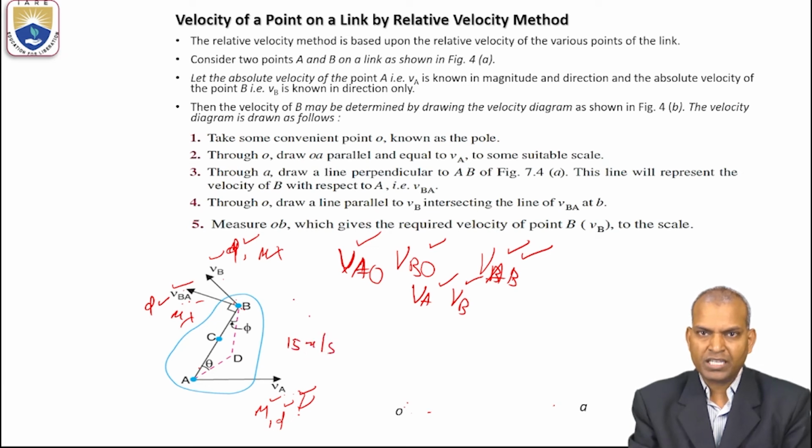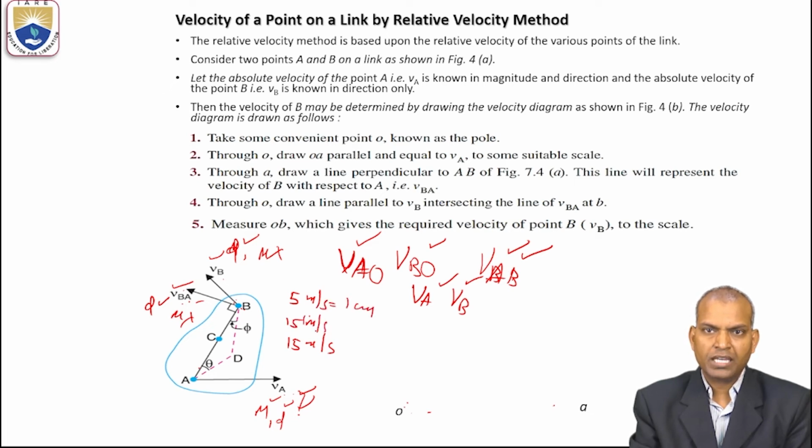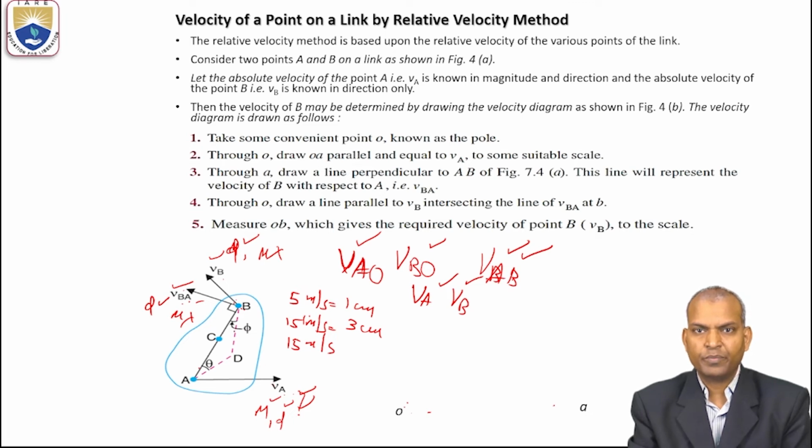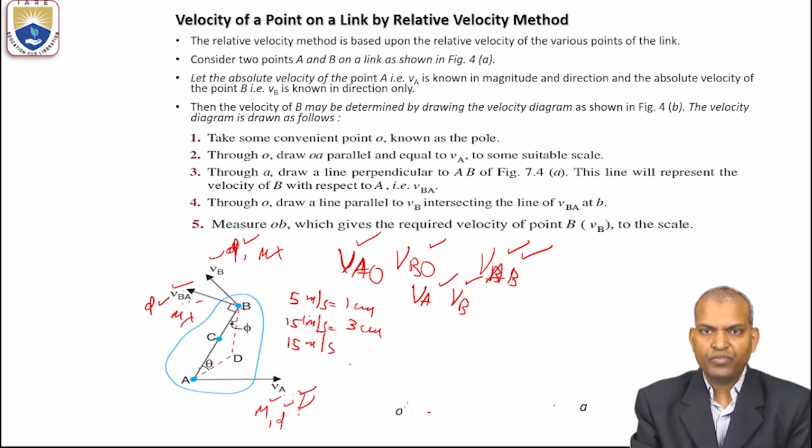Considering 5 meter per second equal to 1 centimeter, 15 meter per second means 3 centimeters. With the 3 centimeters length, you draw a vector line parallel to the velocity of A. If VA was not given, we have to draw a line perpendicular to the link. Now for VA, you draw a parallel line, that is OA.